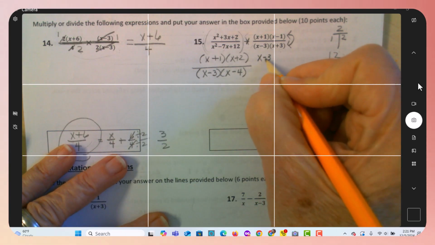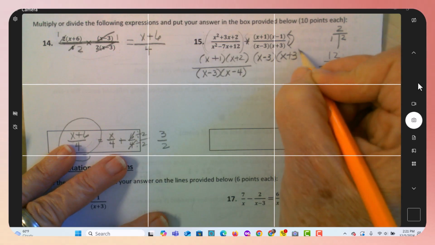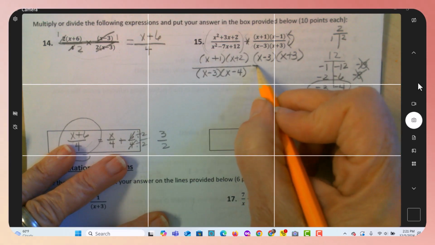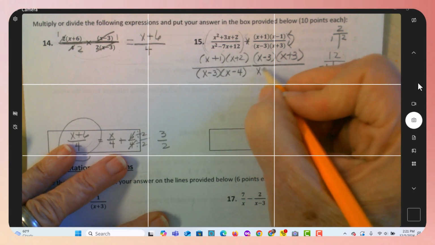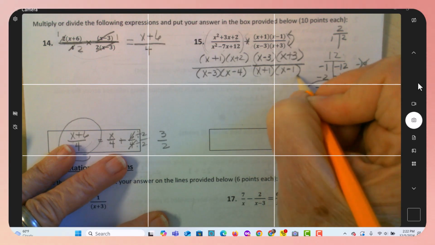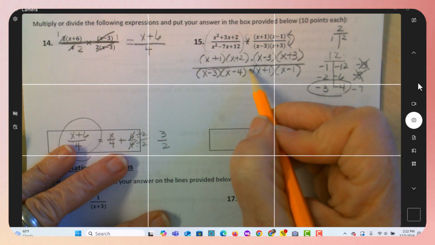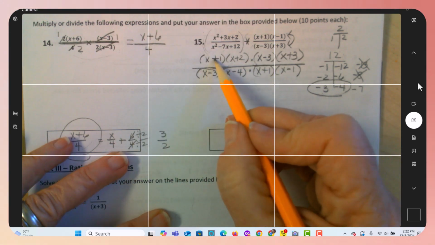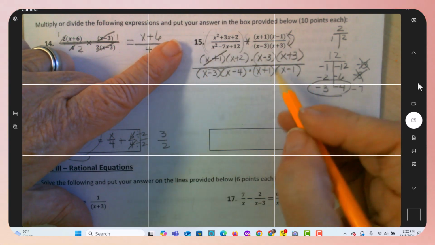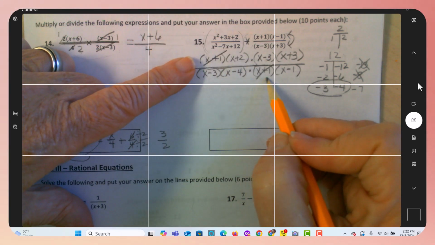So x minus 3 times x plus 3, and then put the numerator as the denominator over x plus 1 times x minus 1. And then this is all multiplication. So let's draw one big line, and let's start looking for pairs that we can cancel or mark out. x plus 1 over x plus 1 is just 1.